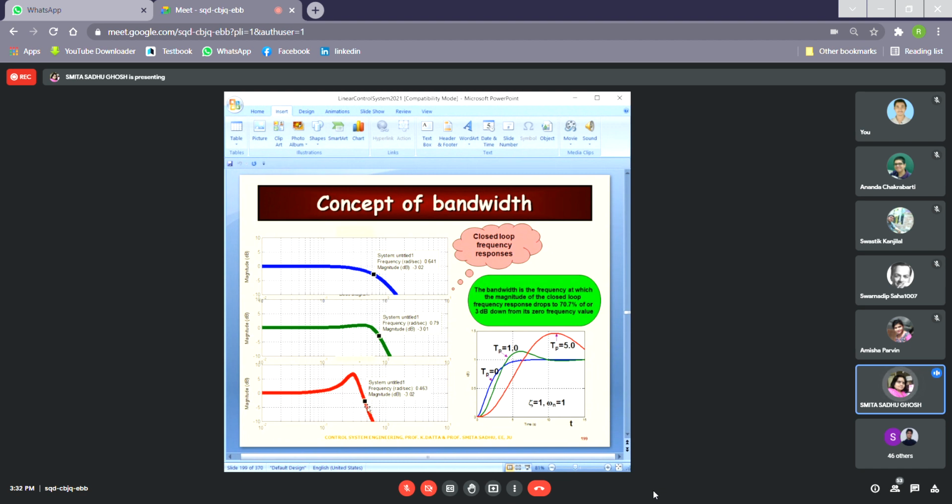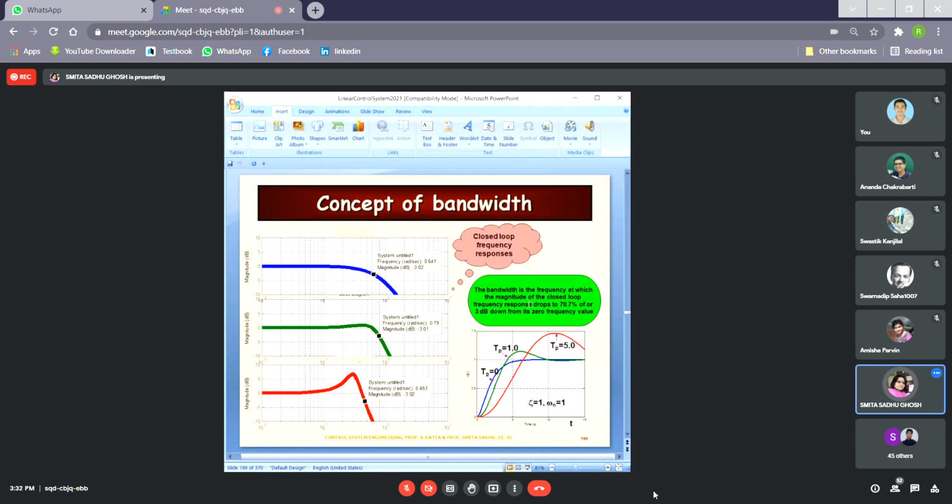If the value of tp is increased further, the bandwidth would keep on decreasing. So signals having frequencies beyond this bandwidth are going to be attenuated. For this system, signals beyond 0.4 radians per second are going to be attenuated, whereas for the other system, signals beyond 0.4 are still going to pass through, and only signals beyond 0.6 are going to be attenuated.